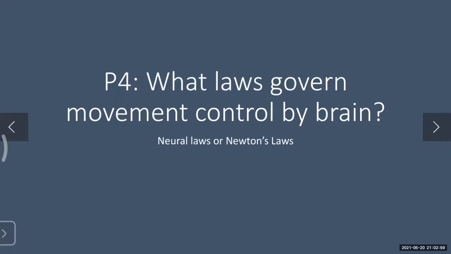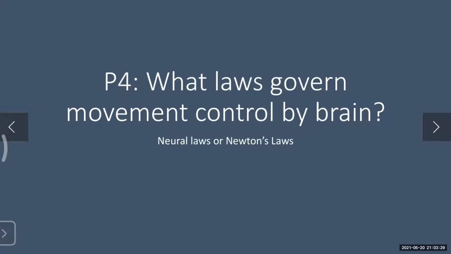And if we leave an object at a particular level, it falls down at a particular speed. So any physical object has to obey certain laws, and we call those Newton's laws.